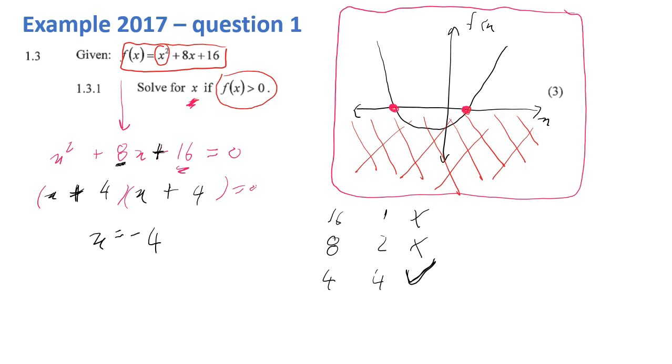What that therefore means is that this parabola looks something like this. We have a special parabola here, and it only touches the x-axis at one single point, and that's the coordinate -4, 0. Okay?